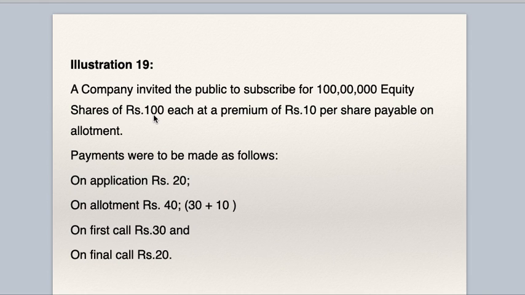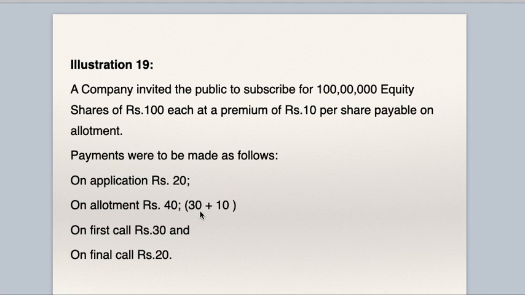So issue price is 100 face value plus 10 premium, 110. This is payable as 20 with application, 40 on allotment, and rupees 10 is payable on allotment, which is securities premium. So this 40 rupees breakup is 30 plus 10.